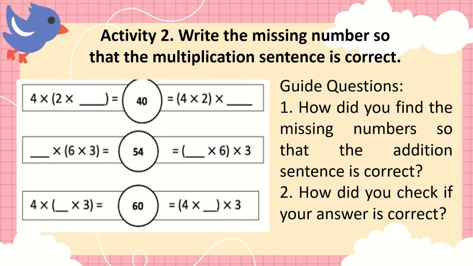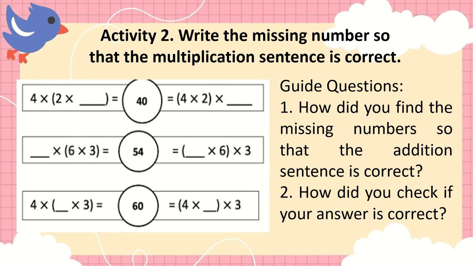For activity number 2, write the missing number so that the multiplication sentence is correct. 4 times (2 times blank) equals 40, is equal to (4 times 2) times blank.